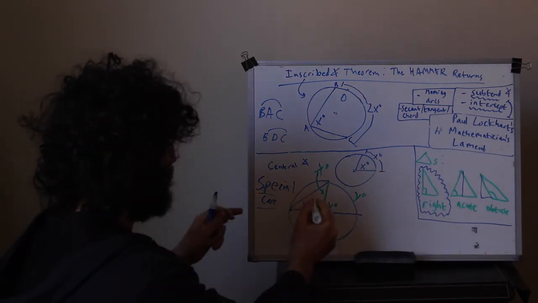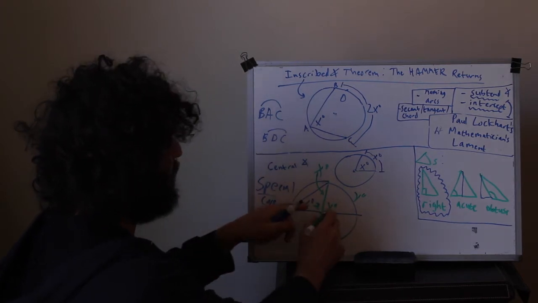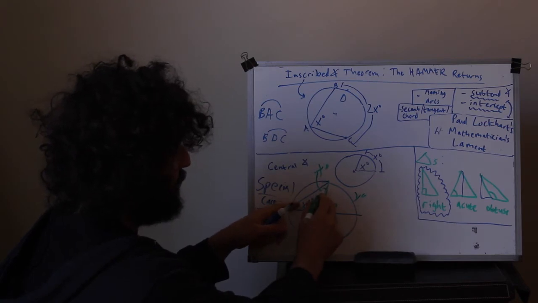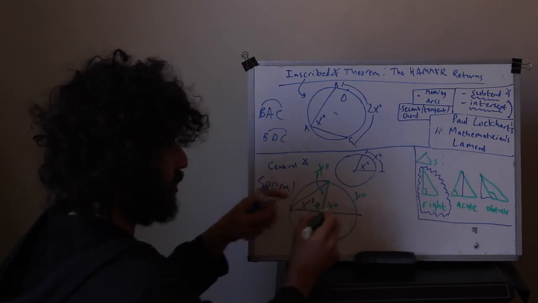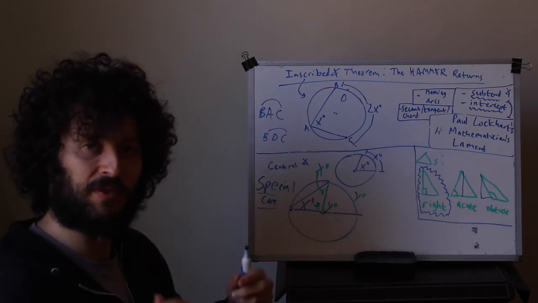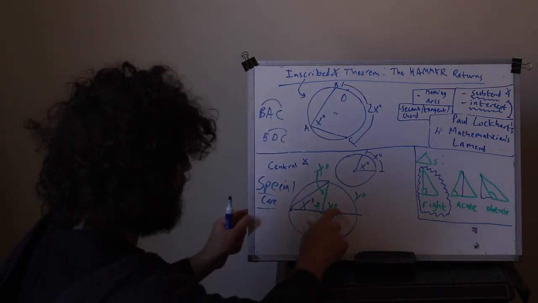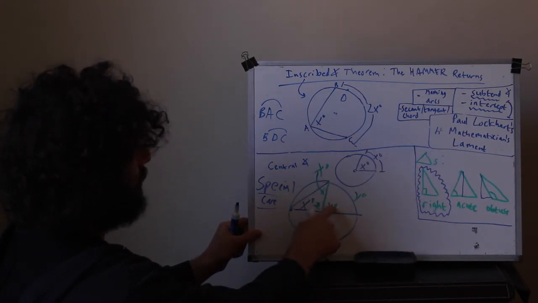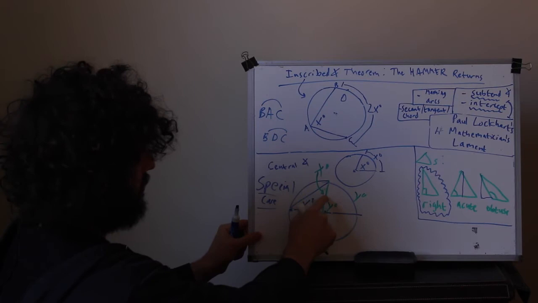Let's call this z. If y plus z is 180 and 2x plus z is 180, therefore the 2x must be contributing the same thing as the y. We can do this in equations, but I want you guys to have a little more intuitive feel for it. And this is always true, not just in an isosceles triangle: this exterior angle is always the sum of the opposite two angles.